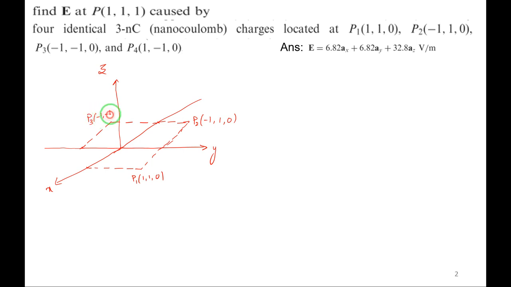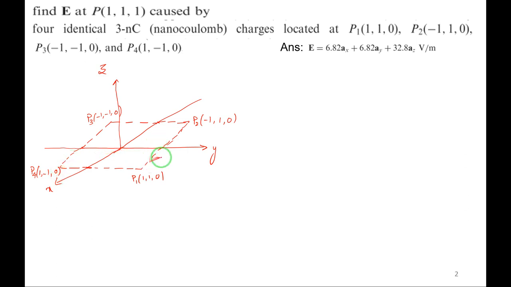Point P3 is (-1, -1, 0), and for point P4, X is positive 1 and Y is minus 1. So P4 will come here, where X is 1 and Y is minus 1 and Z is 0.